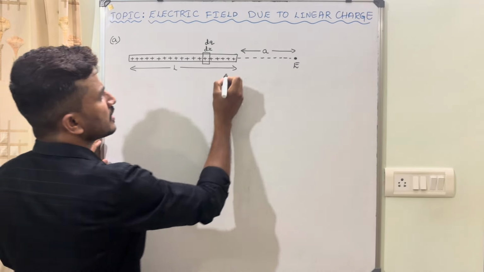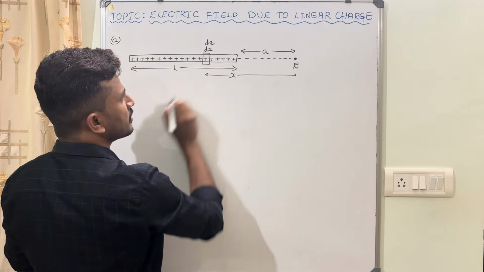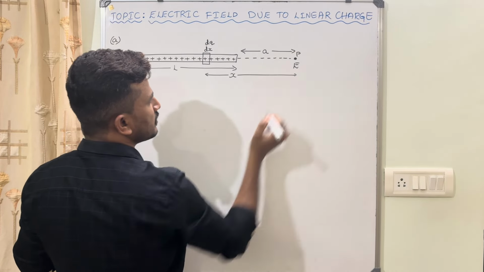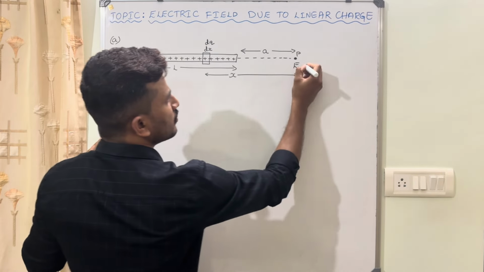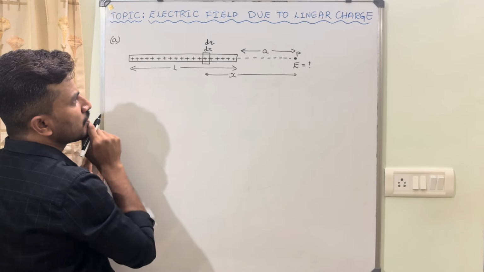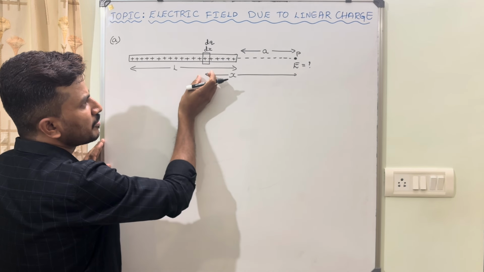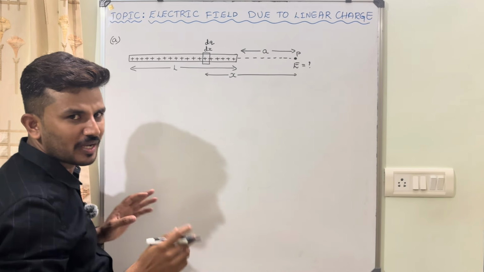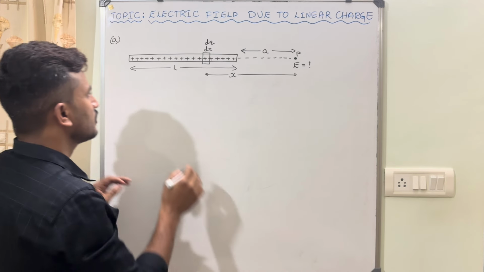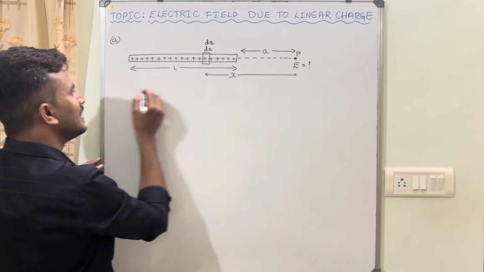Which is at a distance x from this point. Let me consider this point is P, wherein I need to find out the electric field. So now, due to this small charge element, what is the electric field here? We have already studied electric field due to point charge, right? So let me consider the electric field due to this small charge element is dE.